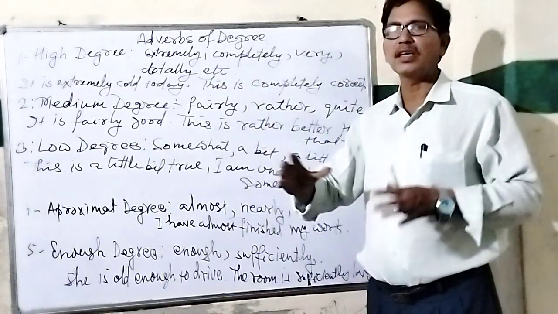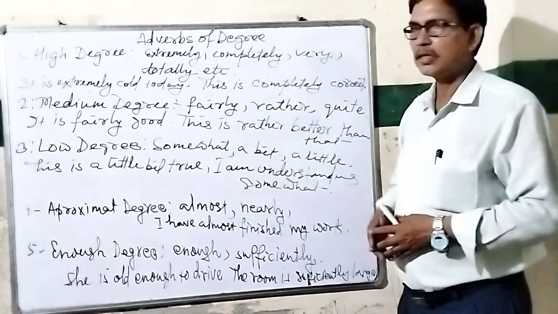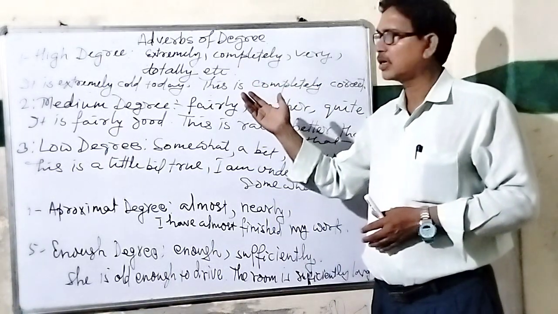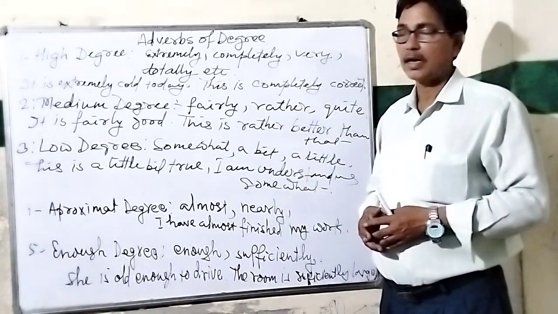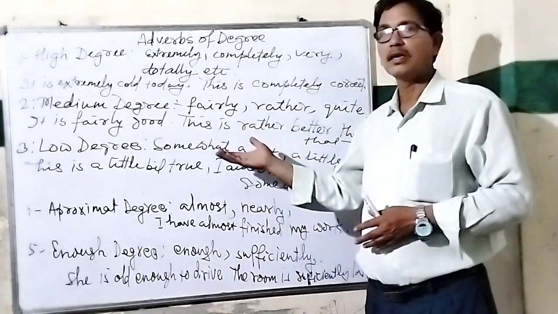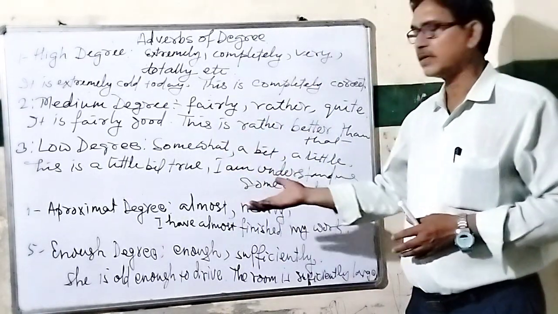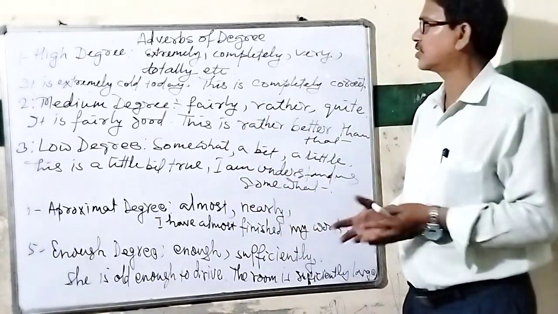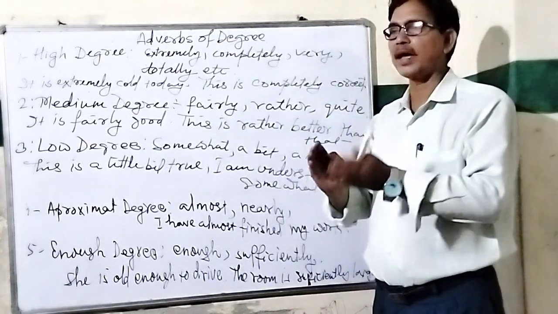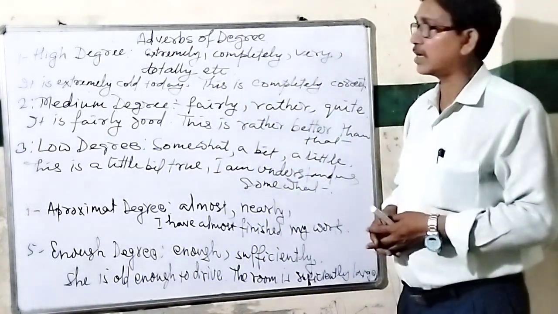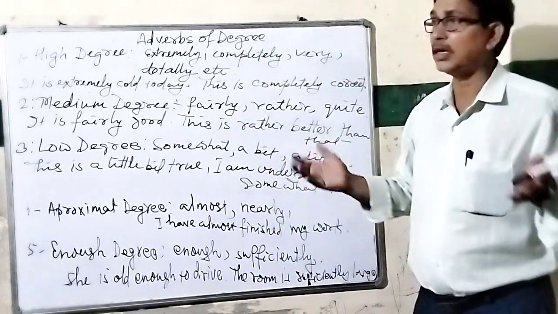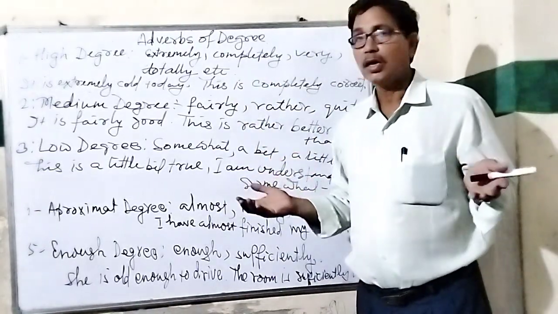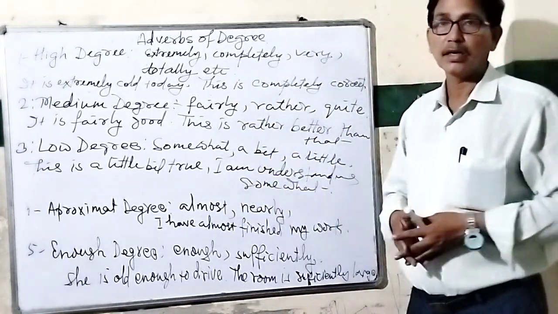Some adverbs of degree are very high, they are called high degree adverbs. Some are medium, moderate, and some are low degree. Some are approximate, some are enough, etc. In this way we have categorized them to understand them clearly. High degree, for example: extremely, completely, very, totally.